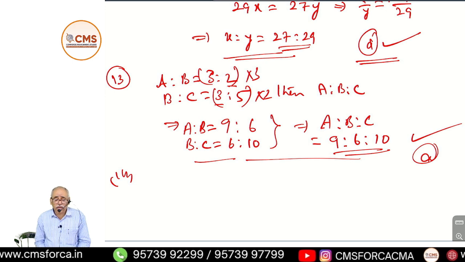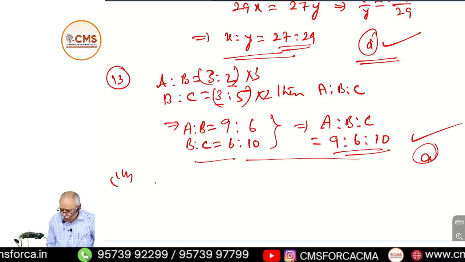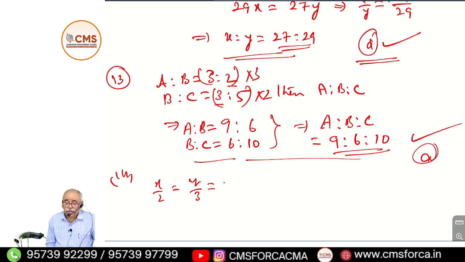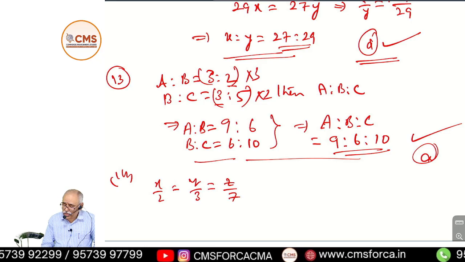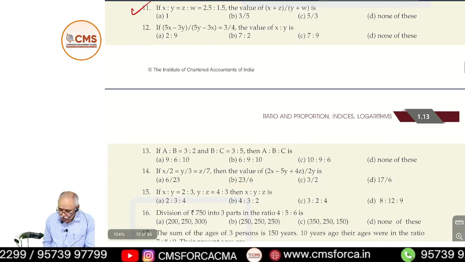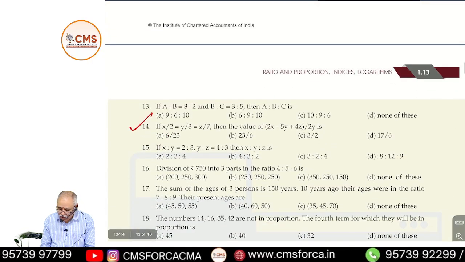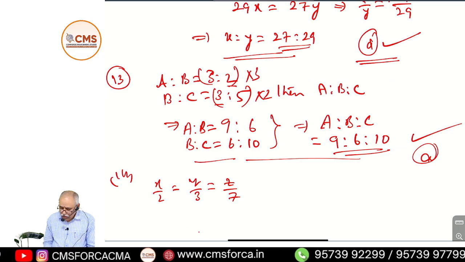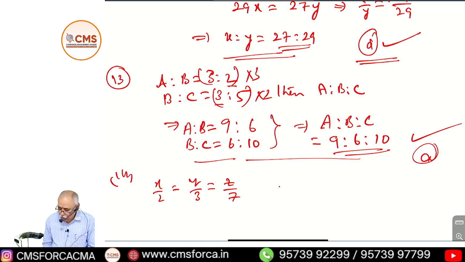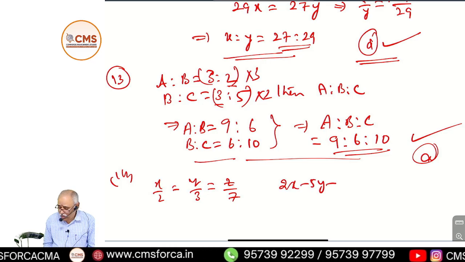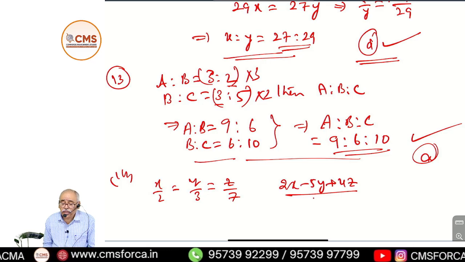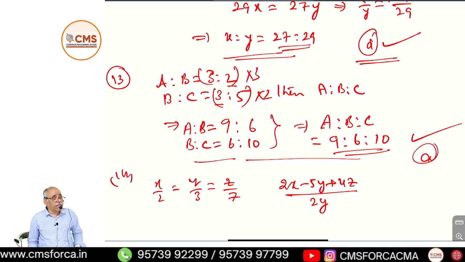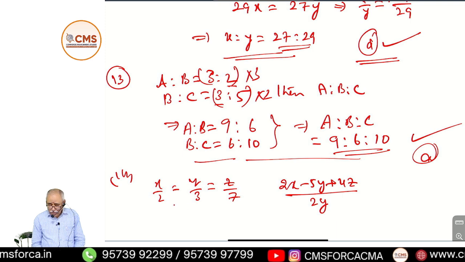Question number 14. x by 2 is equal to y by 3 is equal to z by 7. I will show question number 14 in this book also. See, this is question number 14, and I am solving it. Directly substitute the x, y, z values in 2x minus 5y plus 4z by 2y. The degree of the numerator is equal to the degree of the denominator, so directly substitute the values.